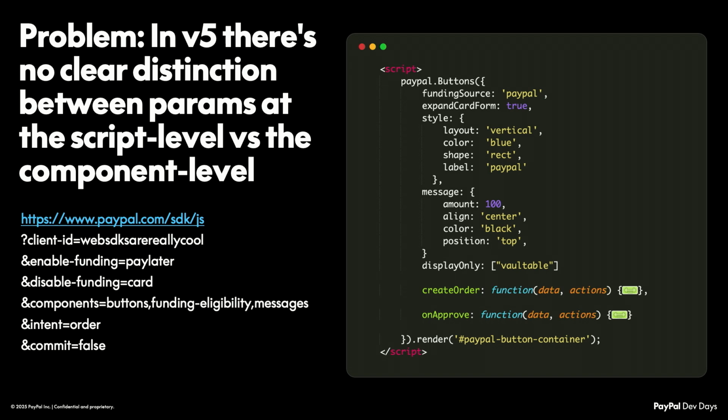What is the difference between funding source, enable funding, disable funding? What do they do? What takes precedent? You really have to go to the developer docs to understand how all this flexibility is output into the experience that your buyer sees. We tried to eliminate a lot of this complexity in V6.